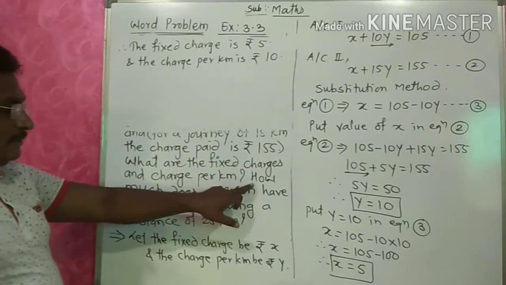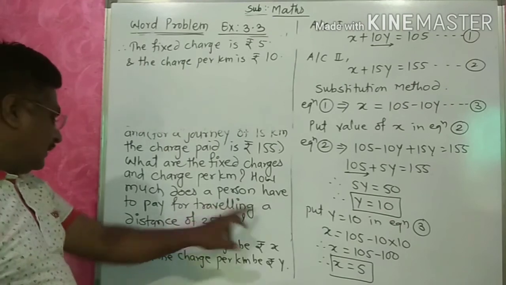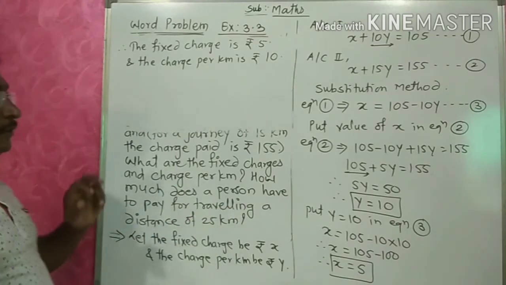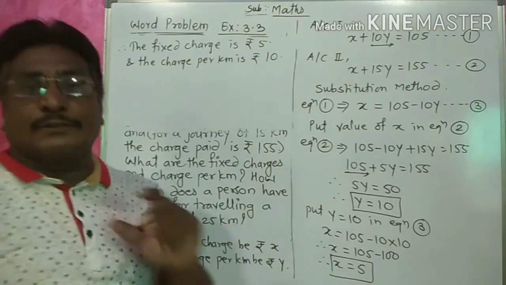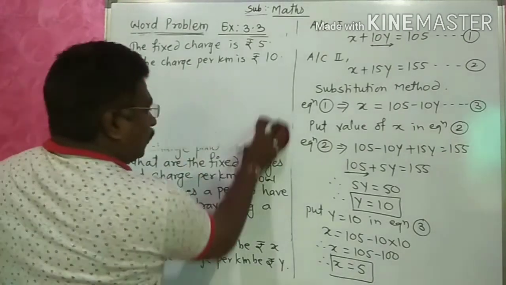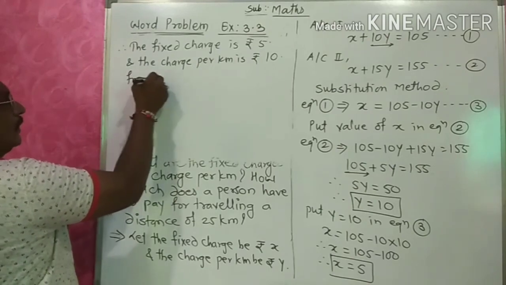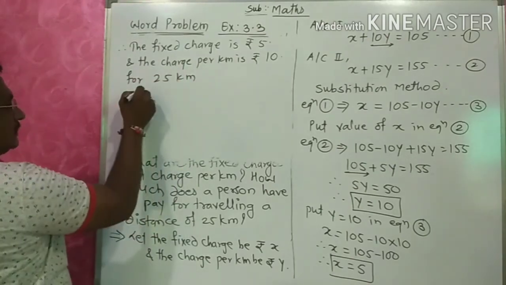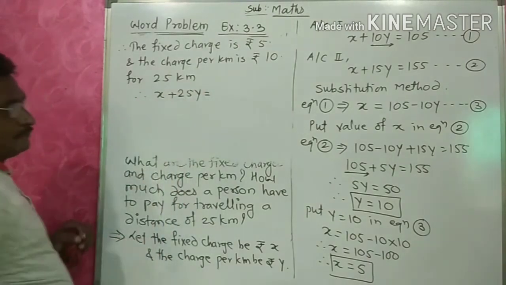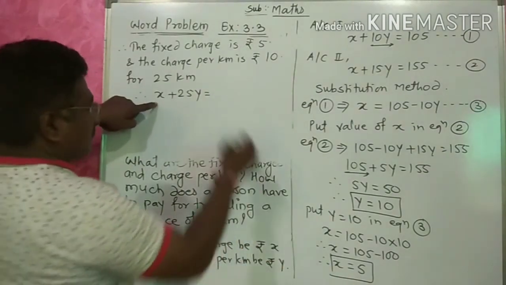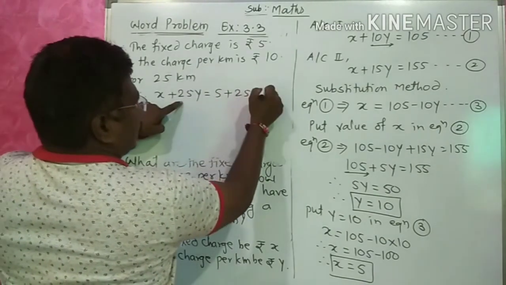Now the second question, what is given? How much does a person have to pay for traveling a distance of 25 kilometers? If the person travels 25 kilometers, then how much amount has to be paid? For 25 kilometers, what equation will it form? x plus 25y. x is 5, so 5 plus 25 into 10.